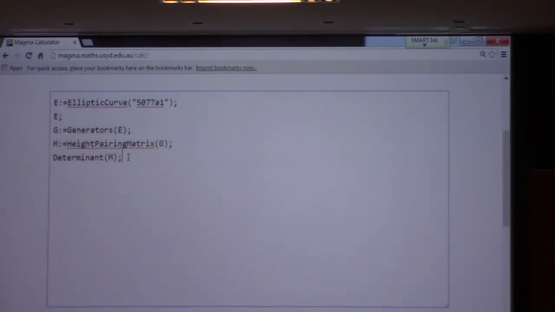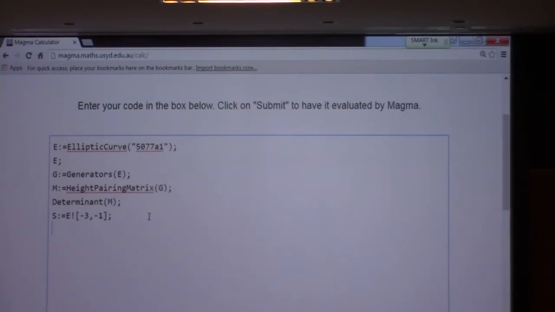So now we had another point. We called it S, and I have to tell it that it's on E, and I think it was (-3, -1). Yes. And then what I want to know is, is that a new point? Is that rank 4? So what I would do now is a new height pairing matrix.